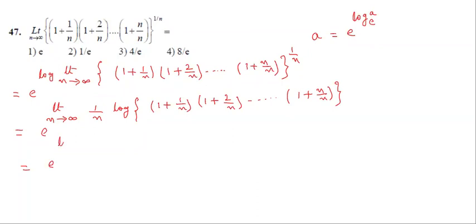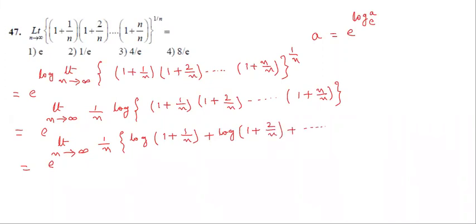Limit e power limit n tends to infinite 1 by n logarithm of 1 plus 1 by n plus logarithm of 1 plus 2 by n plus and so on logarithm of 1 plus n by n.